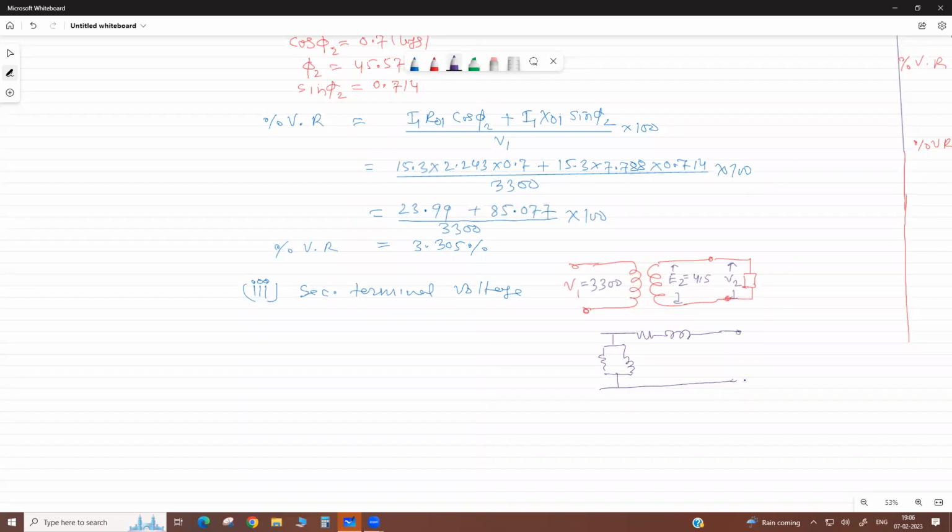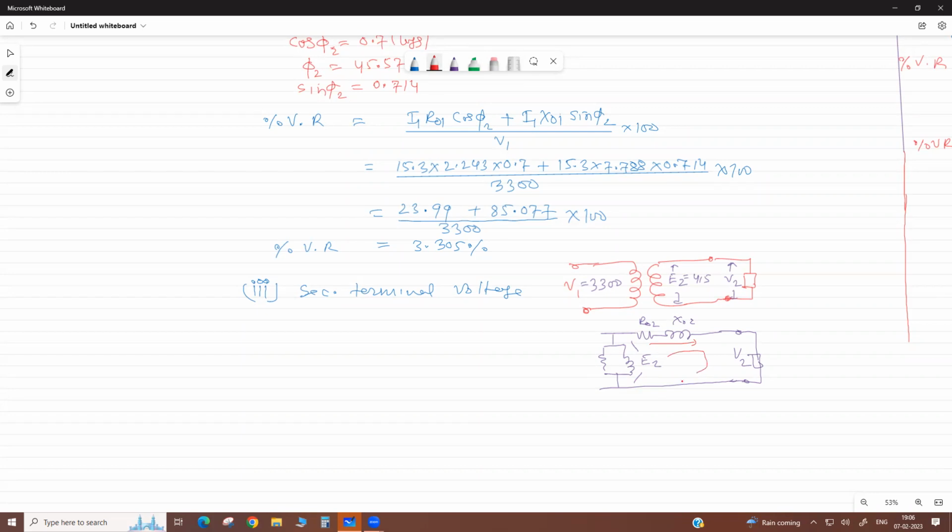Here is your load terminal V2, here it is E2 equals E1 dash. Then due to R02 and X02 there is a drop in this impedance.